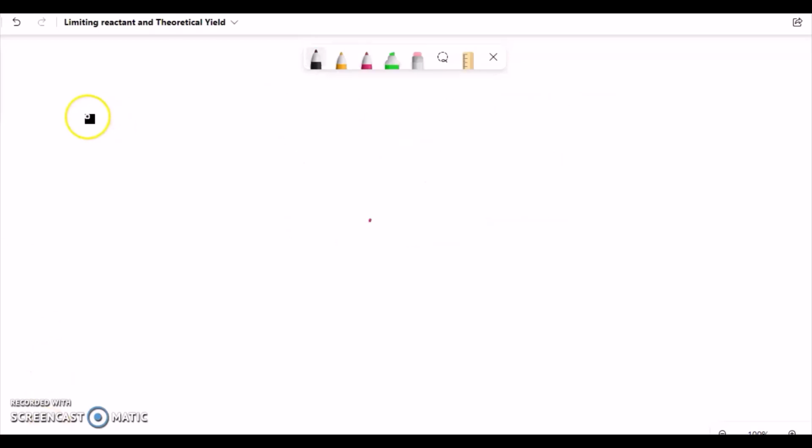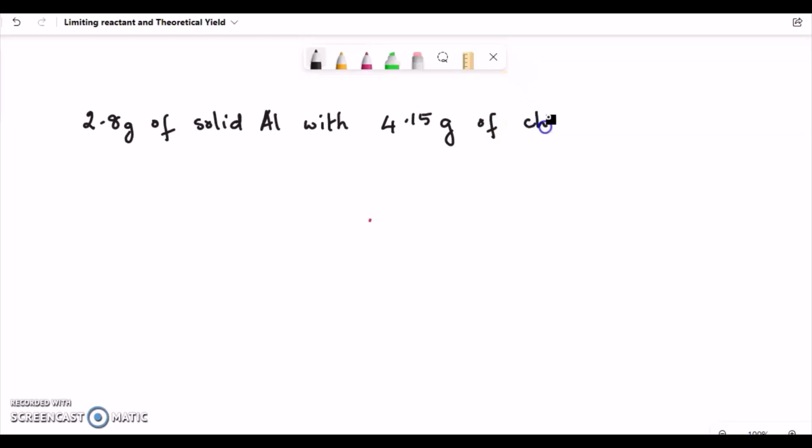Suppose we react 2.8 grams of solid aluminium with 4.15 grams of chlorine gas to produce aluminium chloride, AlCl3, that is aluminium chloride.